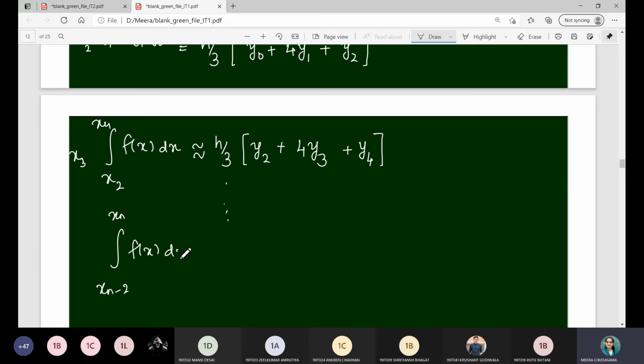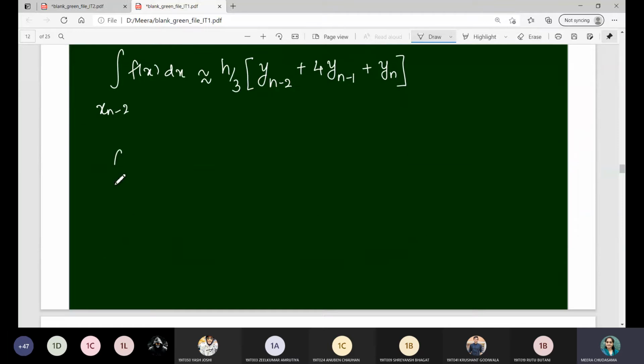The integral of f of x dx will be approximated as, you tell me what should I write over here? yn minus 2, very good, plus 4 yn minus 1, very good, plus yn. Right? So this is called the Simpson's 1/3 rule, which you applied to all the subintervals.